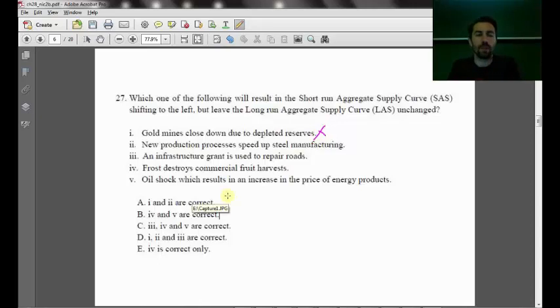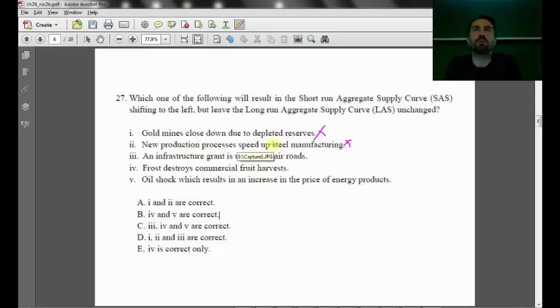So not option 1. Option 2, new production processes speed up steel manufacturing. Okay, so steel manufacturing becomes more productive. Is that going to shift the long run? Yeah, it's probably going to shift the long run, which means that's not what we're looking for. Option 3, there is an infrastructure grant which is used to repair roads.